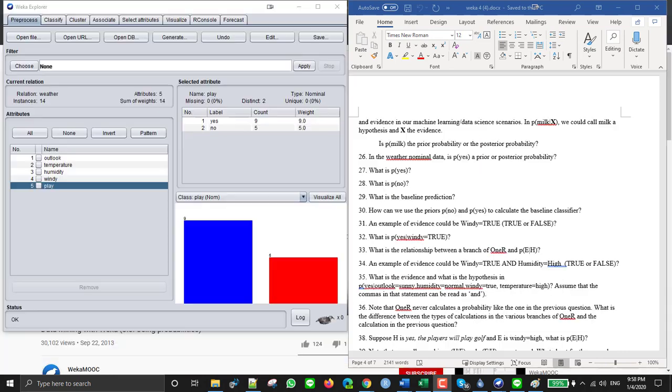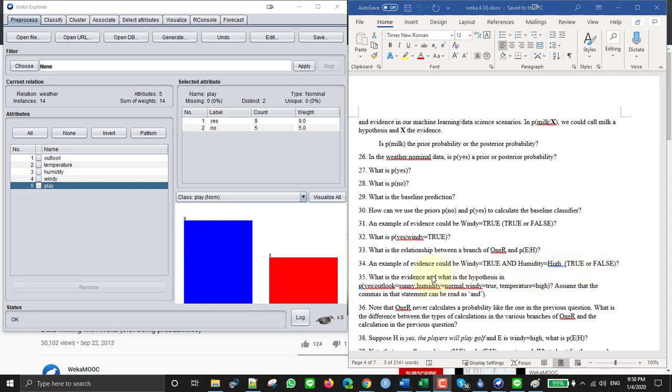Okay, next question is an example, I guess I should have said this is for J48 because we're dealing with two variables. So we have more than just one node. So if we had evidence of windy equals true and humidity equals high, sorry, this is a true-false question.